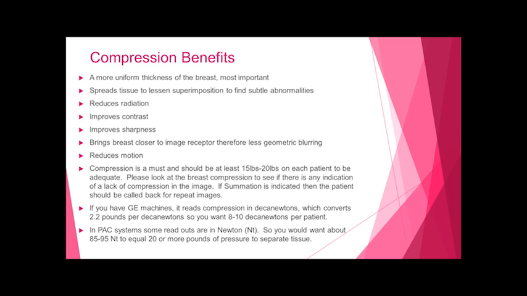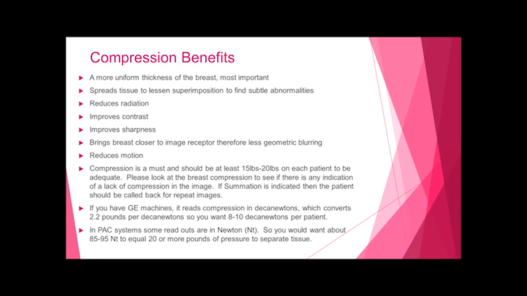If it's a more uniform thickness, it's not thicker in the back compared to the nipple or the front, it's going to give you better contrast. It spreads the tissue to lessen superimposition to find those subtle little small abnormalities. It reduces radiation. It improves your contrast. It improves sharpness. It brings the breast closer to the image receptor, therefore there's less geometric blurring.